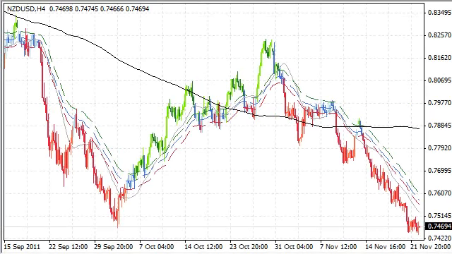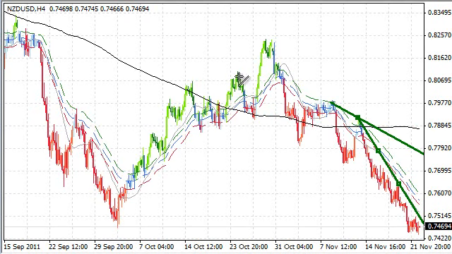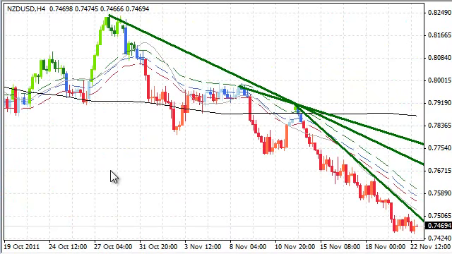Another thing I could do here would be simply to connect some of the touch points to create a trend line. Now, the problem with trend lines, in my opinion, is that they're excellent tools when it comes to trend reversals, but they are incredibly lagging when it comes to actually defining the trend.